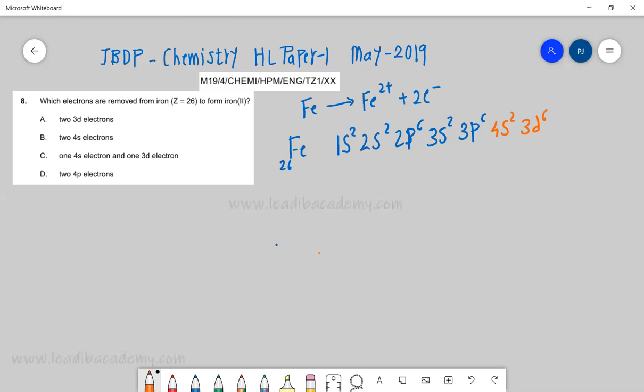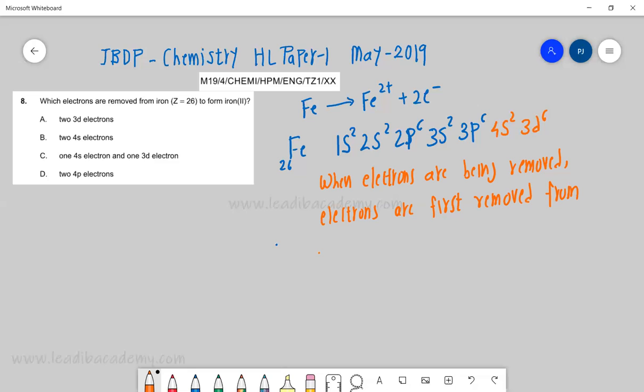But when we remove electrons, now just be careful. When electrons are being removed, that means during ionization, electrons are first removed from 4s. This is very, very important. Why, you may ask.